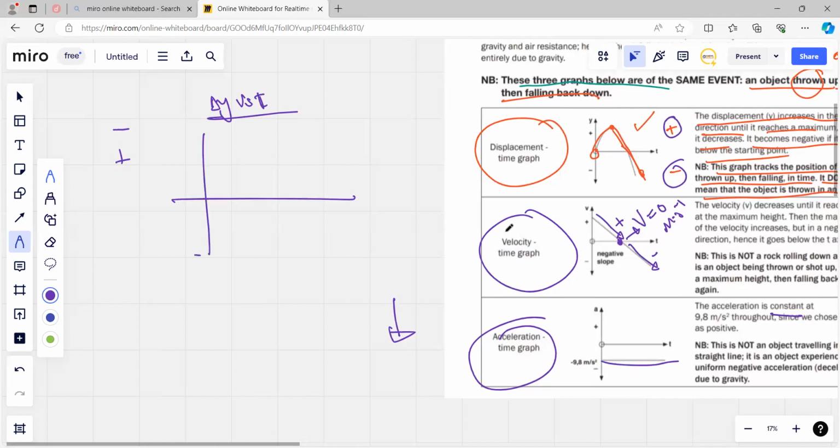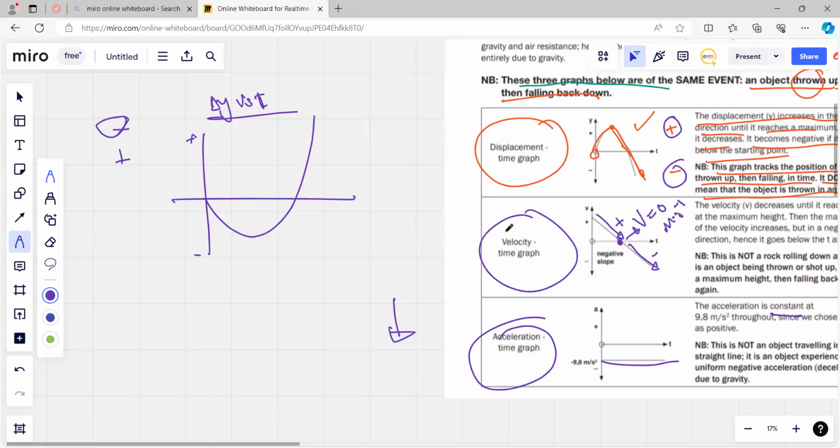Here we're holding positive numbers because it's moving downward, and downward is positive, right? So basically the object will be in this manner. Then it goes upward. It will move in that manner. Why? Because upward is negative and downward is positive.